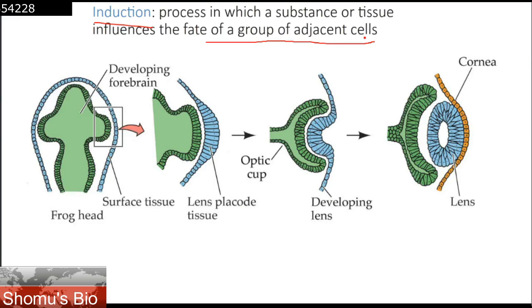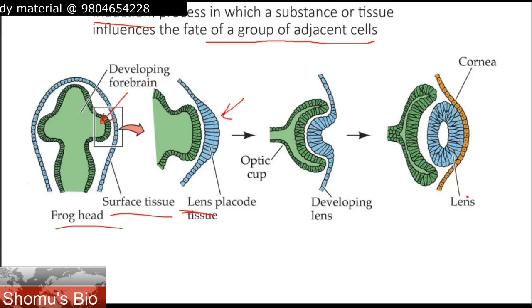For example, here you can see during the development of the frog head, this is the developing forebrain, and the developing forebrain is surrounded by this surface tissue outside. While this developing forebrain is growing, this forebrain tissue is actually pushing this external layer, which is supposed to form a lens placode and ultimately forms the eye lens.